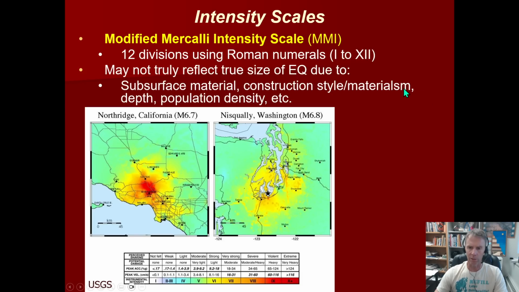That should just be materials, not materials with an M. Sorry about that. But yeah, you could have one place with wood frame construction, another place with brick or adobe. Again, we talked about the depth, could be the population density. All of these factors play into the intensity scale. And I'll circle back here and kind of do a case study comparison between two fairly recent earthquakes and looking at them in terms of magnitude versus intensity.